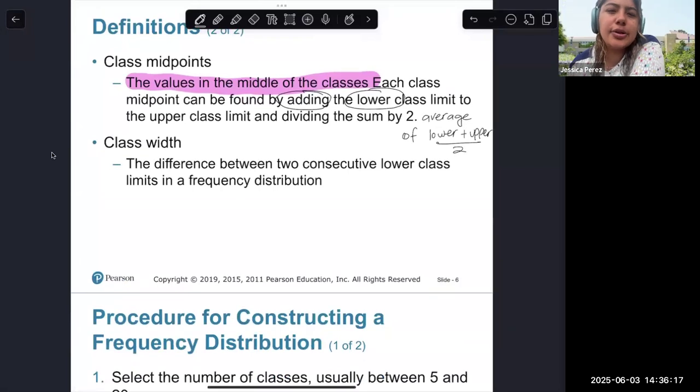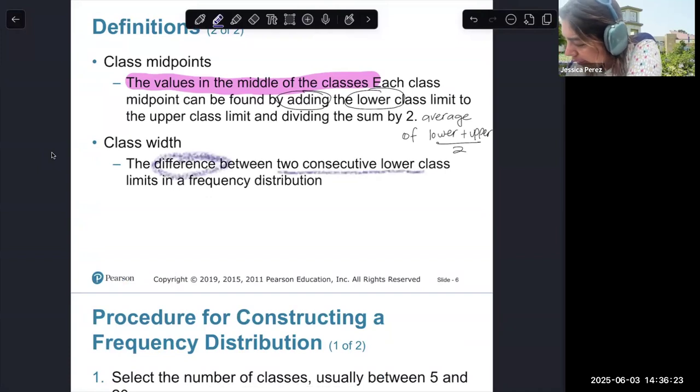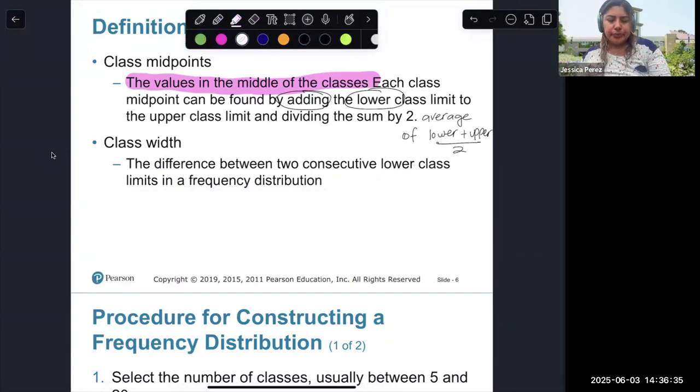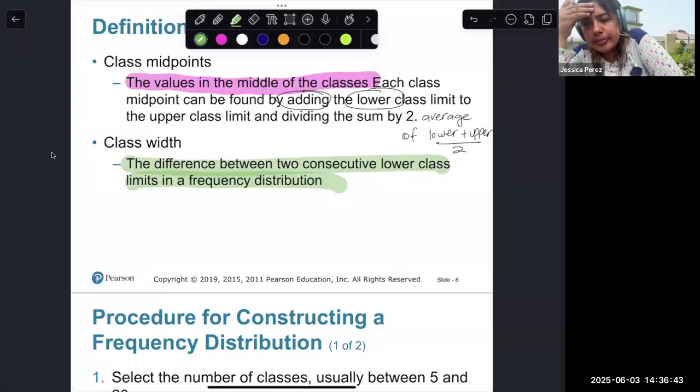Now there's a class width, which is the difference between two consecutive lower class limits in a frequency distribution. This is a little bit different from the midpoint, which is the sum of the lower and the upper divided by 2.